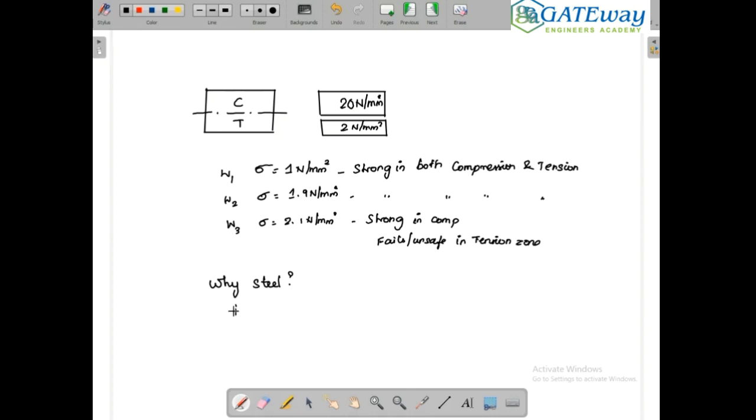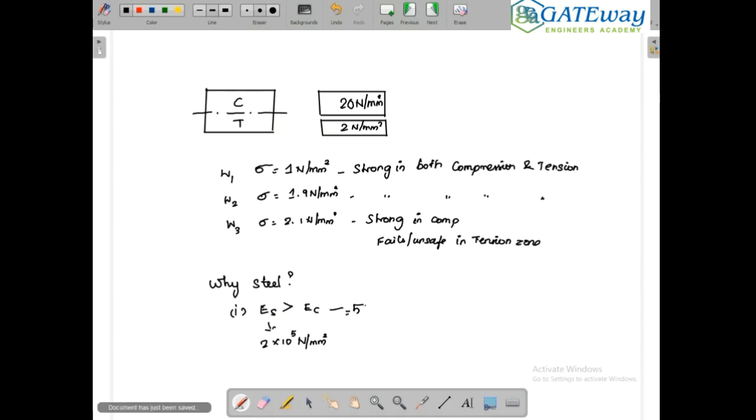The first one is that Young's modulus of steel is greater than Young's modulus of concrete. You know the Young's modulus of steel is 2 into 10 power 5 Newton per mm square. There is a formula for Young's modulus of concrete, as per IS 456.